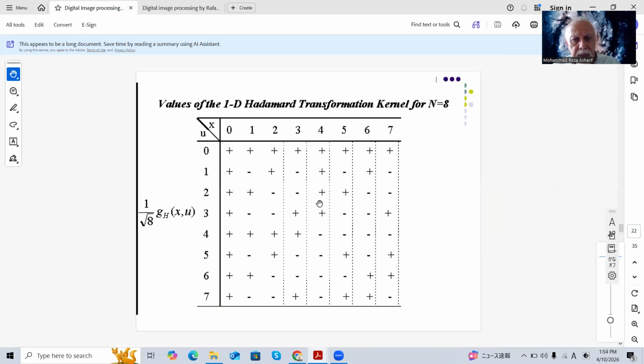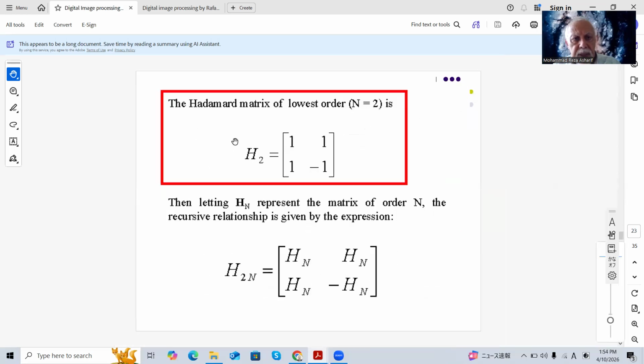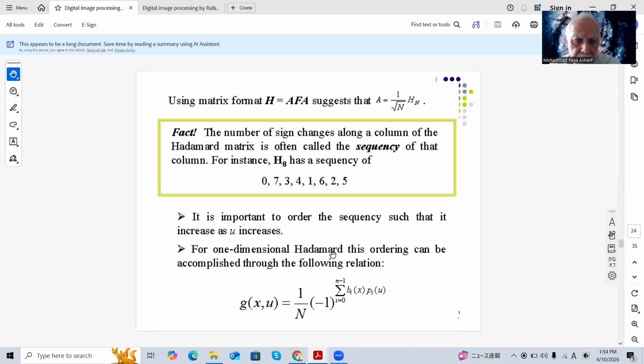And then let's go to the next. If you want to use matrix form for N=2, the kernel H2 is 1, 1, 1, minus 1. So you can obtain 2n from n by just putting this, as I show you in the example.